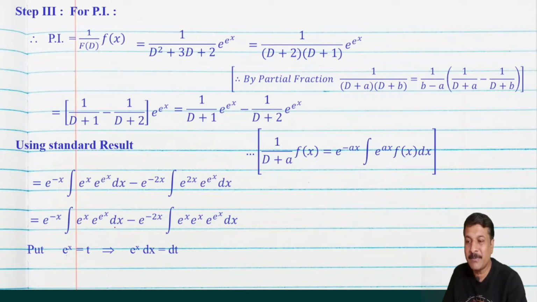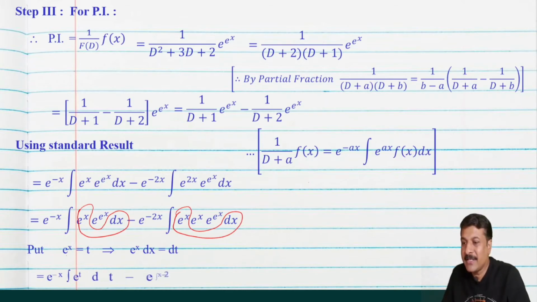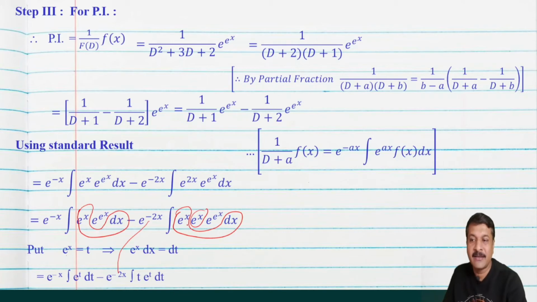So what is the space for dt? Here e raised to x dx is the dt. So after substitution I am getting e raised to minus x as it is, integration e raised to t dt, minus e raised to minus 2x as it is, and here this is t, and this is e raised to t dt.